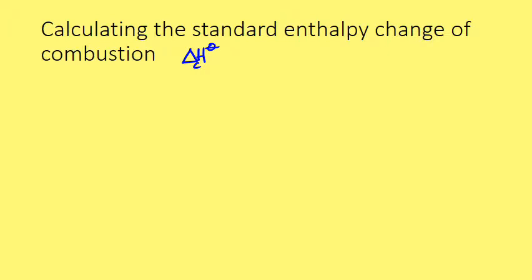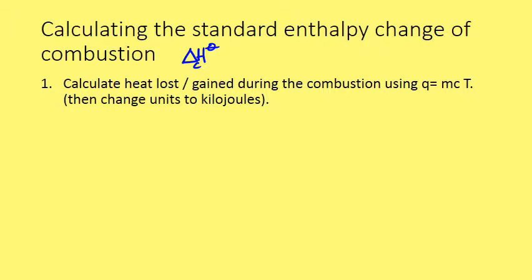And there's 3 steps to this process. You're going to do an experiment like the one we've described, and then you're going to use the data that you've accumulated in that experiment. And the first thing you're going to do with that data is calculate the heat lost or gained during the combustion, right, using Q equals MC delta T.